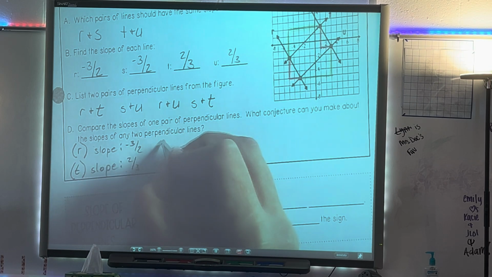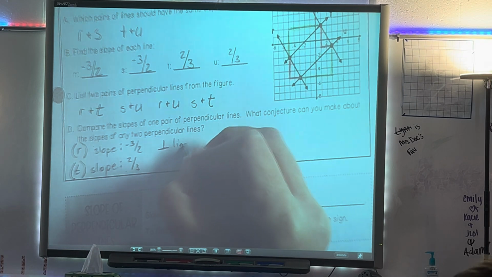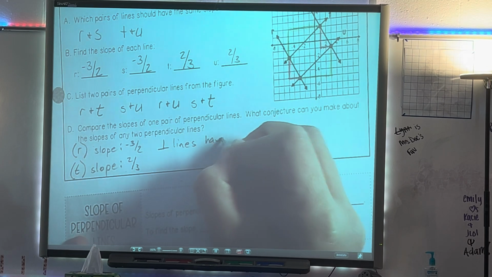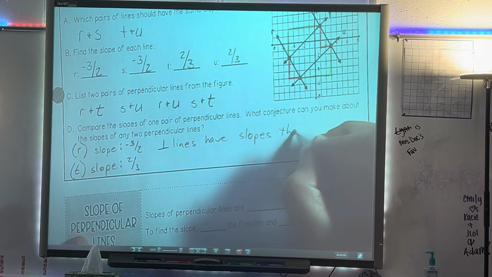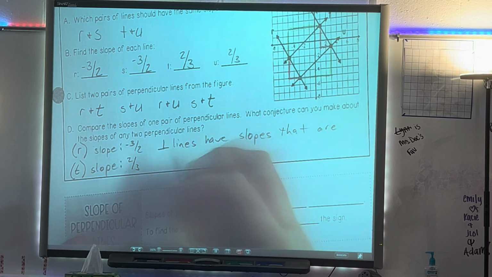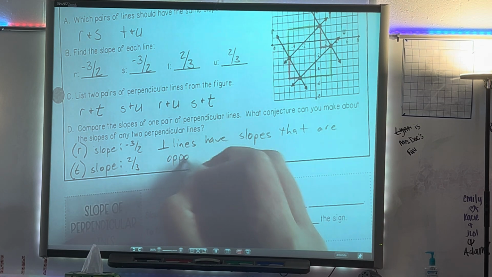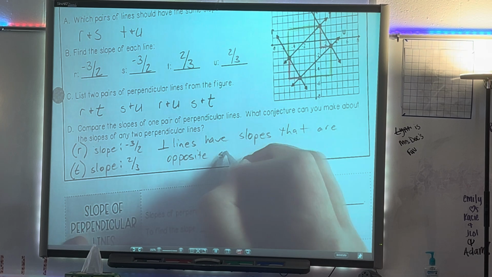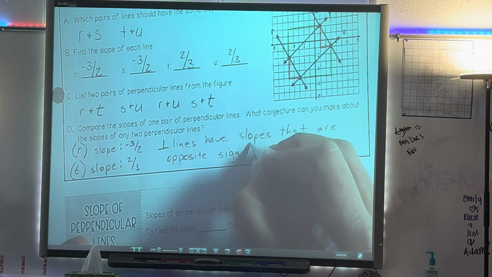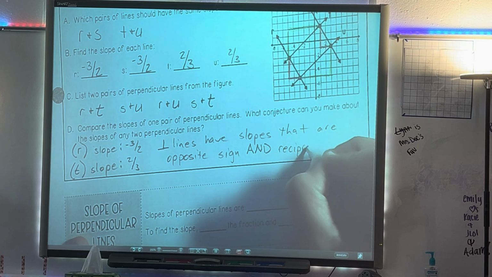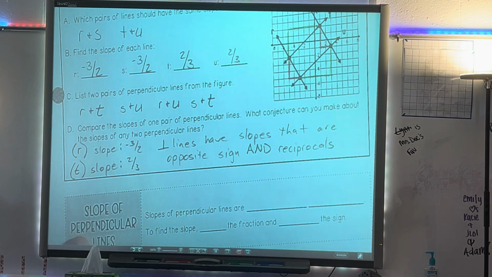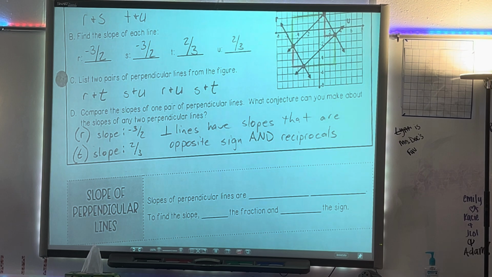So we'll say perpendicular lines have slopes that are opposite reciprocals. It's got to be both. It can't just be one or the other. We okay there?